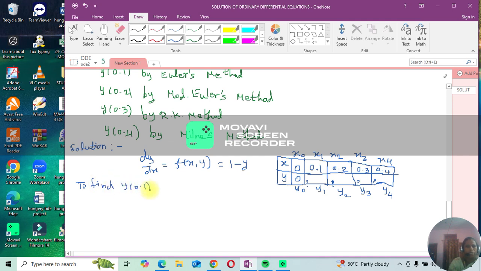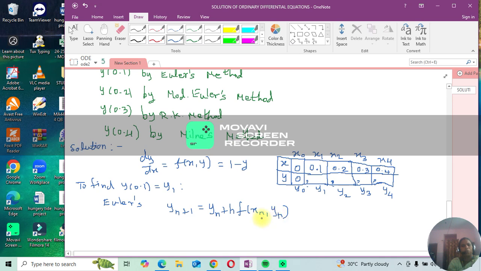In this we are using Euler's method, and we know the formula: yn plus 1 is equal to yn plus h into f of xn comma yn.